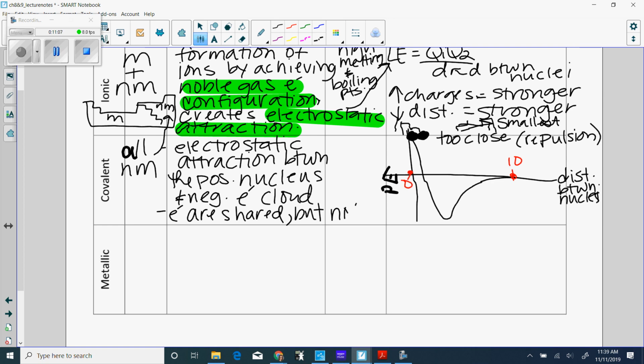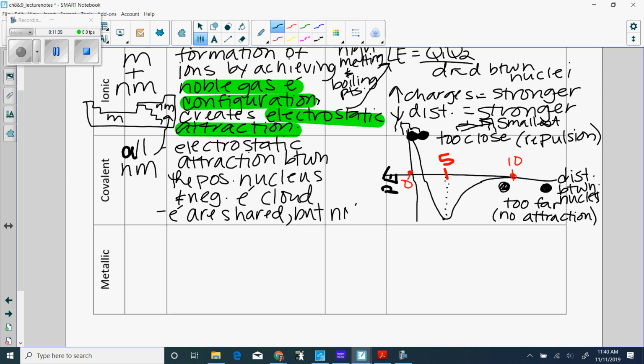If my distance is way out here, let's call it 10. Oh no, too far. There's no attraction. The attraction is the positive nucleus to the negative electron cloud, plus and negative. But right here, let's call it 5.